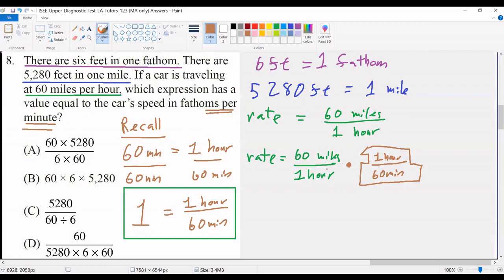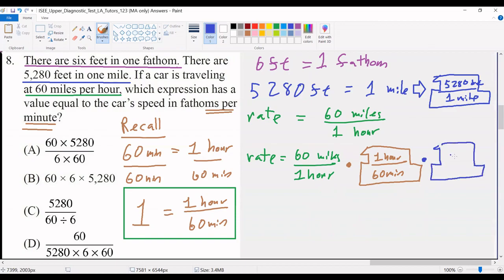And since we want to convert miles into fathoms, we need to start changing some of these other values above here, things that we kept track of. So what this tells us in our feet to mile statement is that we can have another 1 here. So this 1 will represent 5,280 feet over 1 mile. So that's what we also need to multiply in right here. And we're converting to fathoms as well.